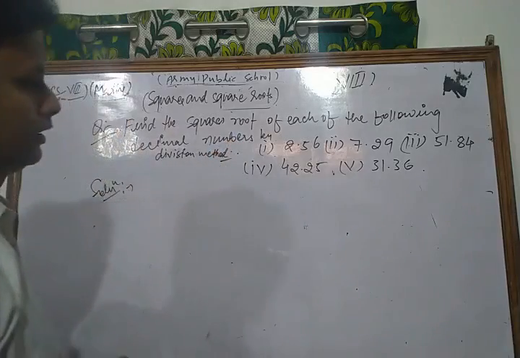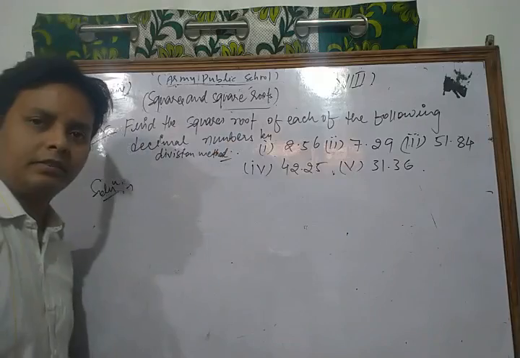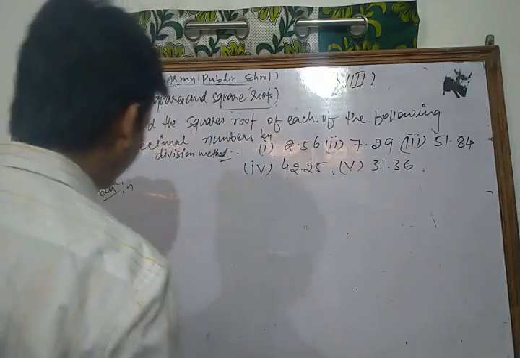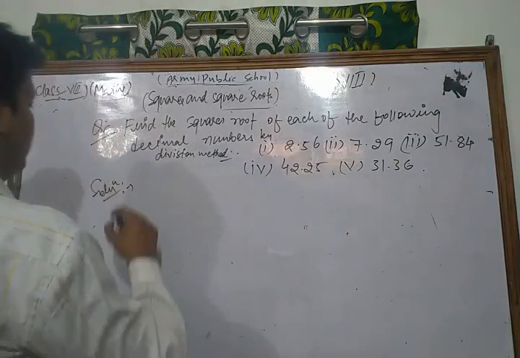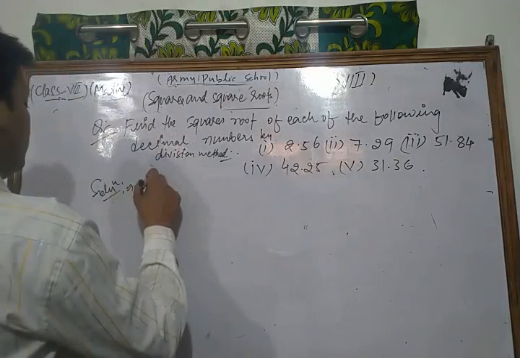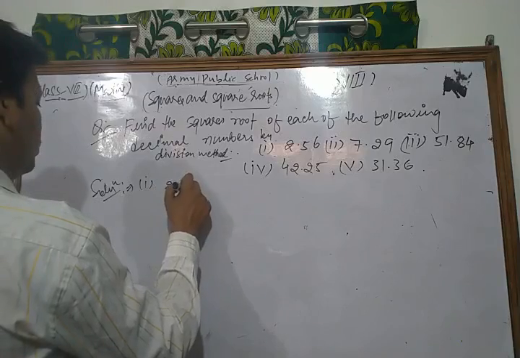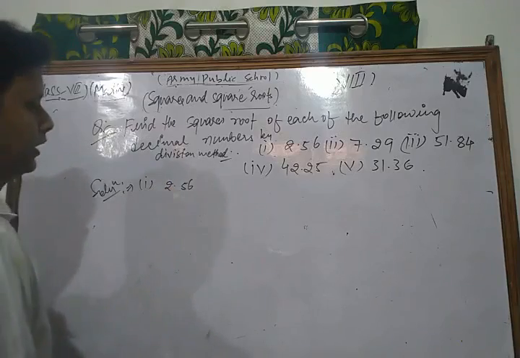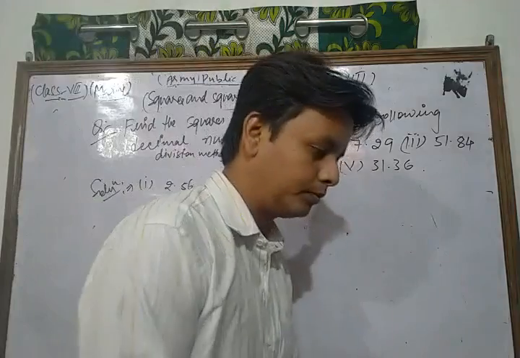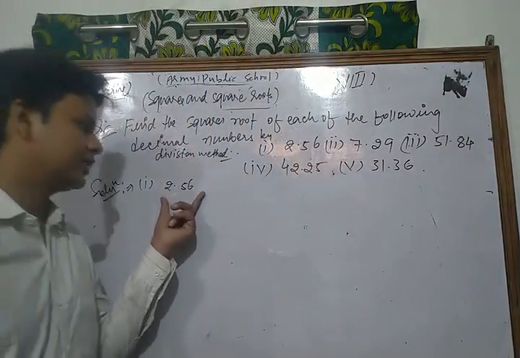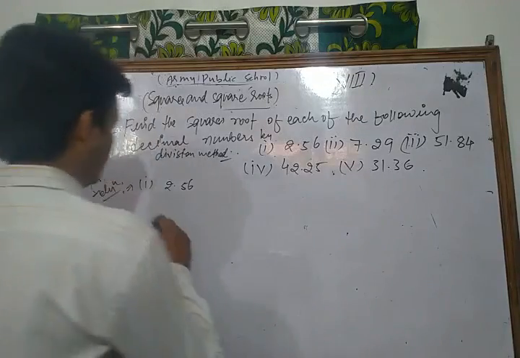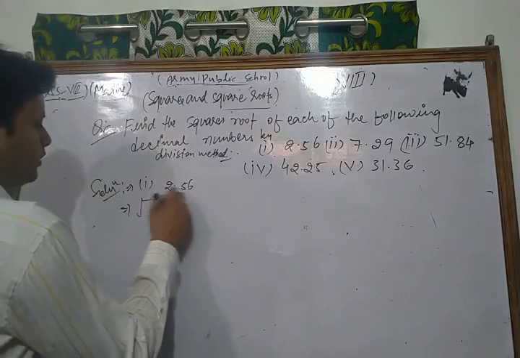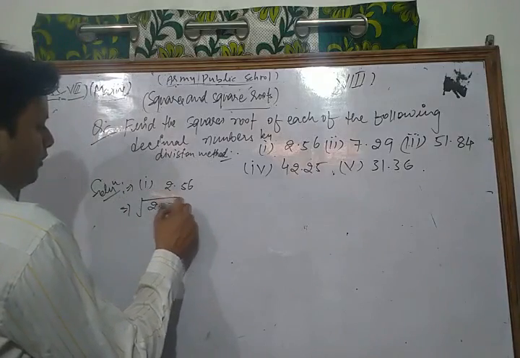Now let's solve each and every part of that question one by one. First of all, we take the first part of this question, which is 2.56. We find the square root of 2.56.